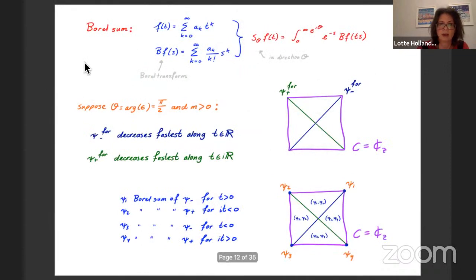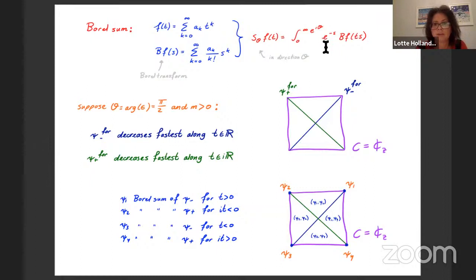So what does Borel sum mean? If we have a series, say this series a_k t to the power k, then we can define a Borel transform, and using that Borel transform, we can get the Borel sum, which is an integral over a ray of e to the power minus s times this Borel transform.